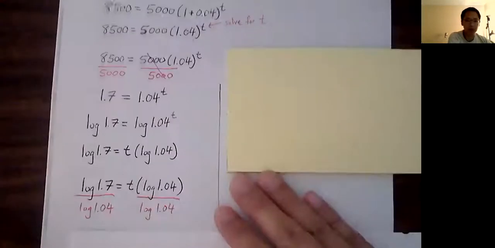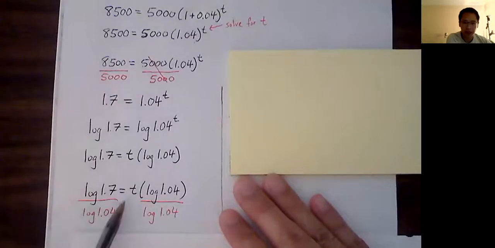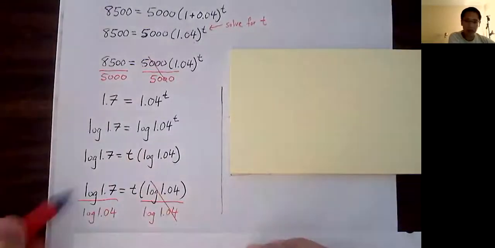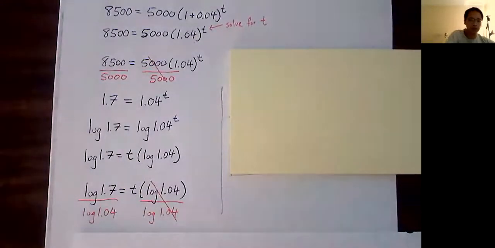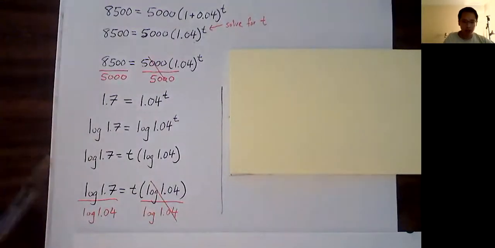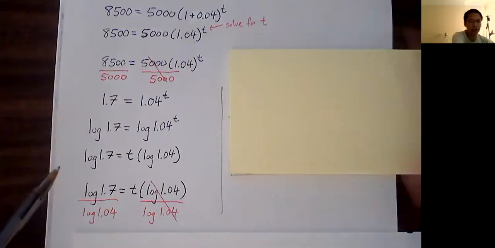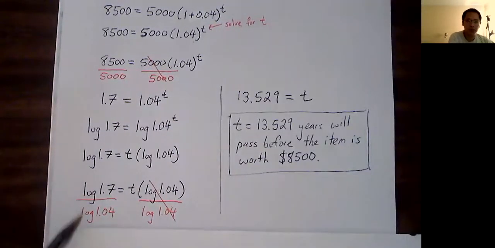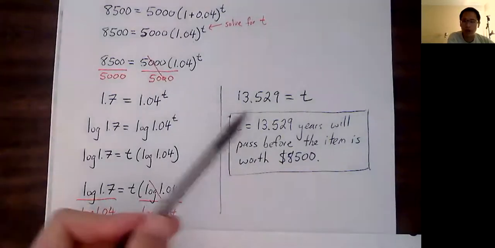And when I divide both sides by log of 1.04, the right side cleans up. The left side, we can simply rely on our calculator to do the work for us. So log of 1.7, get that value, plug in log of 1.04, we get that value, and then we divide it. And when we divide these two values, we get 13.529.